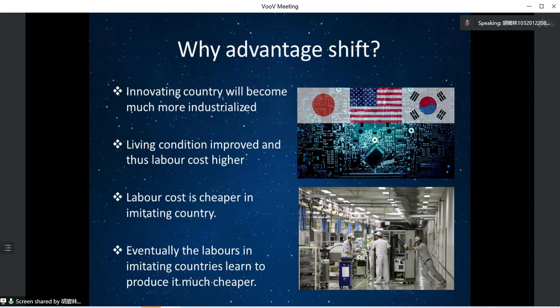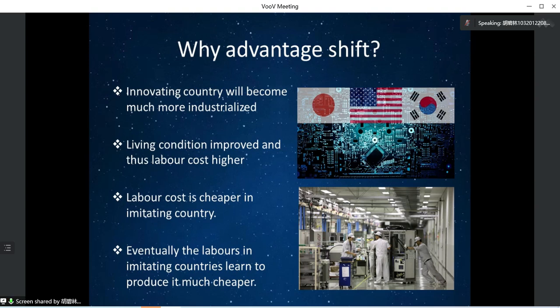This condition also happened in Japan and Korea during the last century. Then they found out that labor is cheaper in other countries, the imitating countries. They sensed that there are some countries where labor costs are much cheaper, for example in Southeast Asia, like Thailand, Malaysia, and the Philippines.